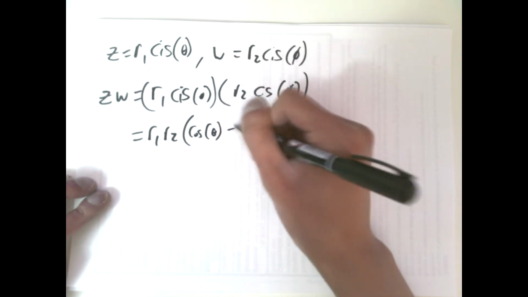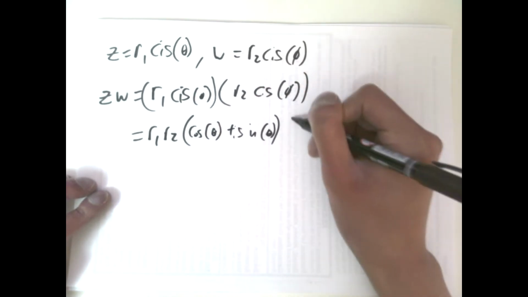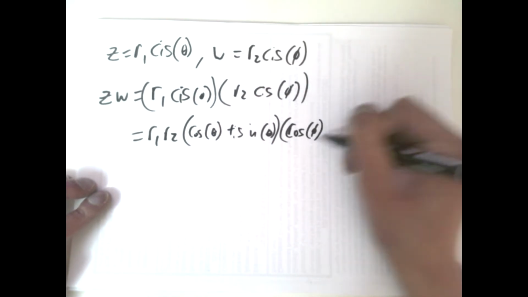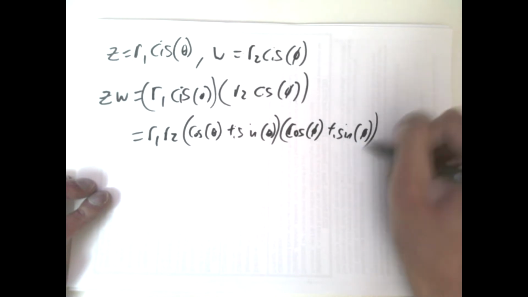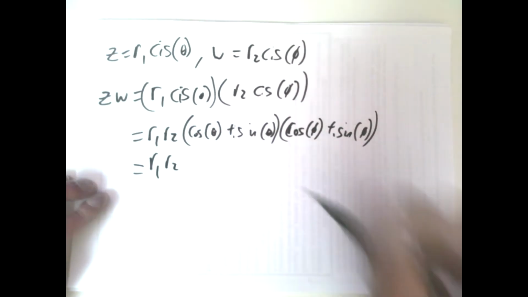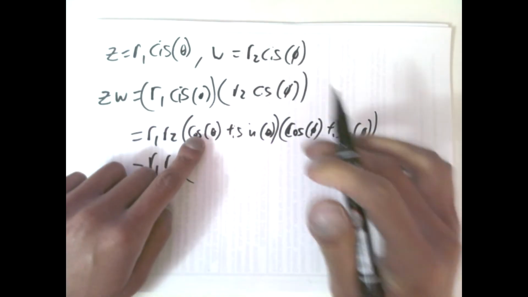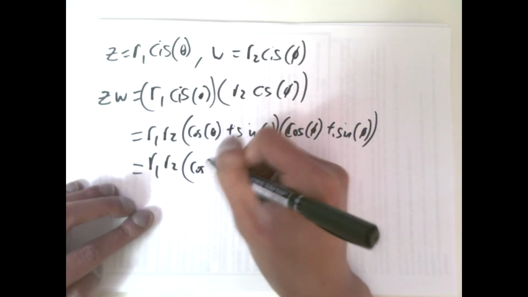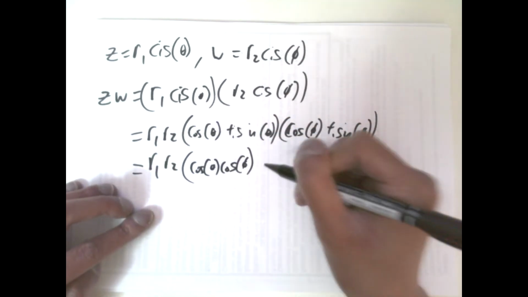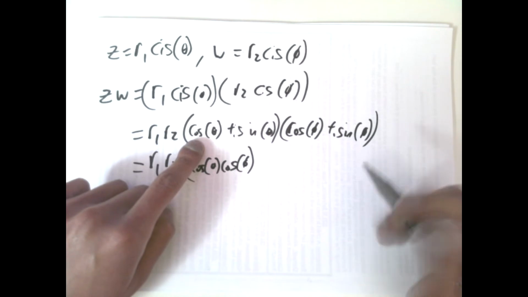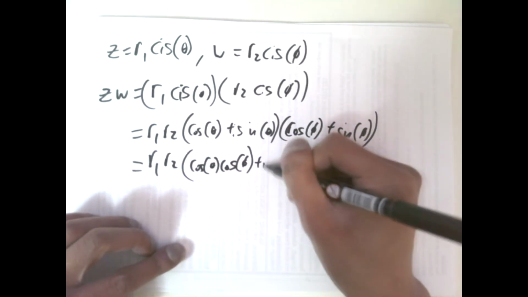I'll write all the cosines and sines out in full. Cosine theta times cosine phi. Cosine theta times i sine phi.